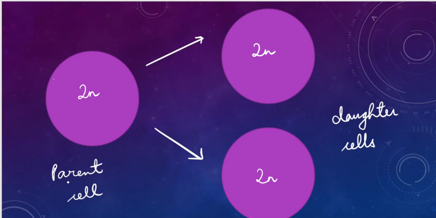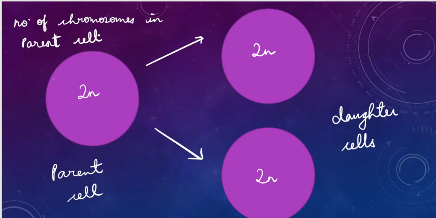So what we can say is, the number of chromosomes in the parent cell is equal to the number in the daughter cell.